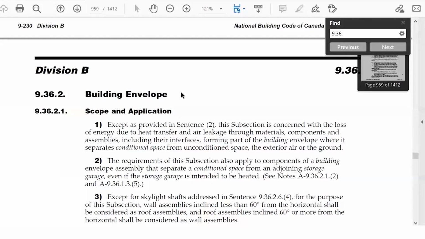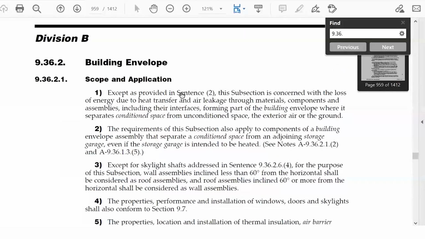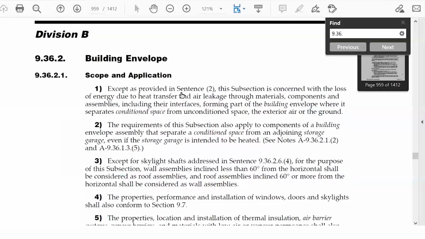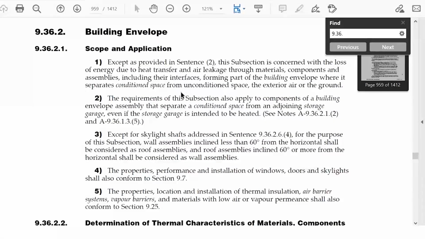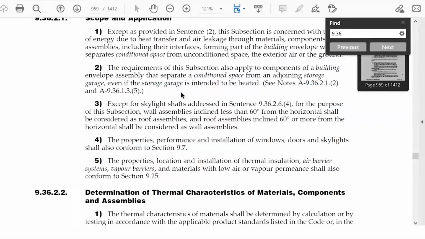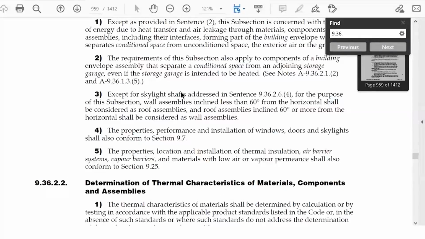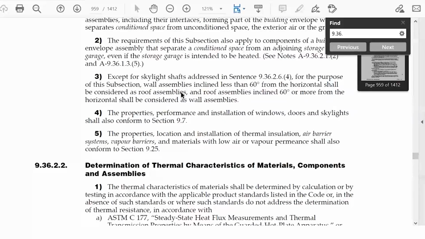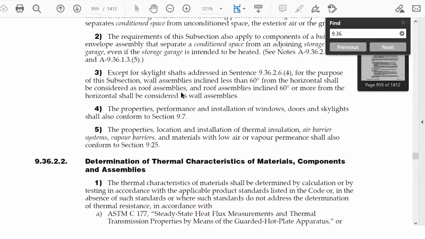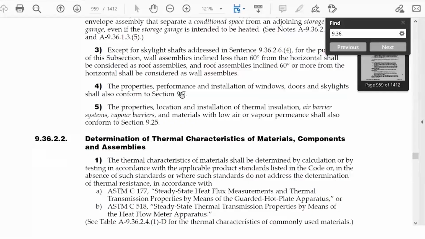They also apply to components of a building envelope assembly that separate a conditioned space from an adjoining storage garage, even if the storage garage is intended to be heated. For the purposes of this section, wall assemblies inclined less than 60 degrees from the horizontal shall be considered as roof assemblies, and roof assemblies inclined 60 degrees or more from the horizontal shall be considered as wall assemblies. So each has different performance requirements.